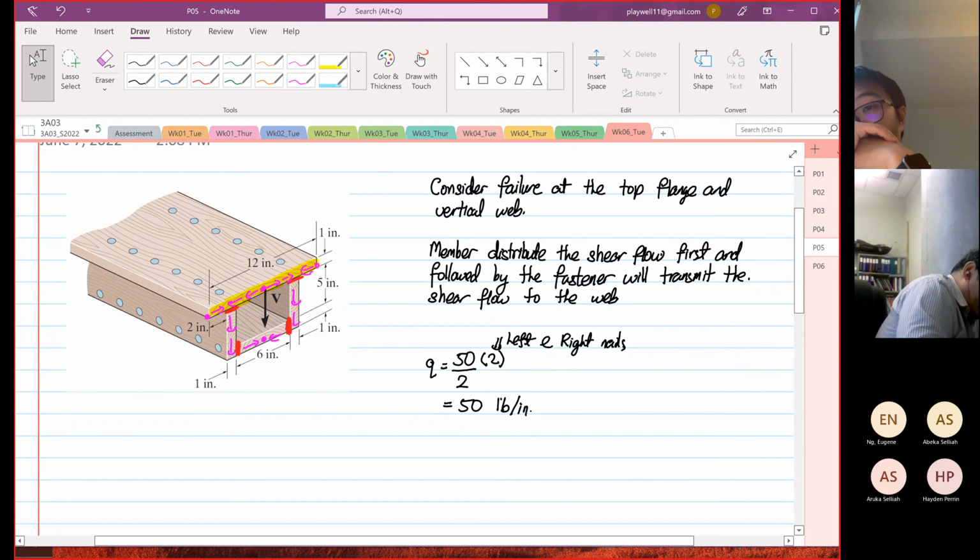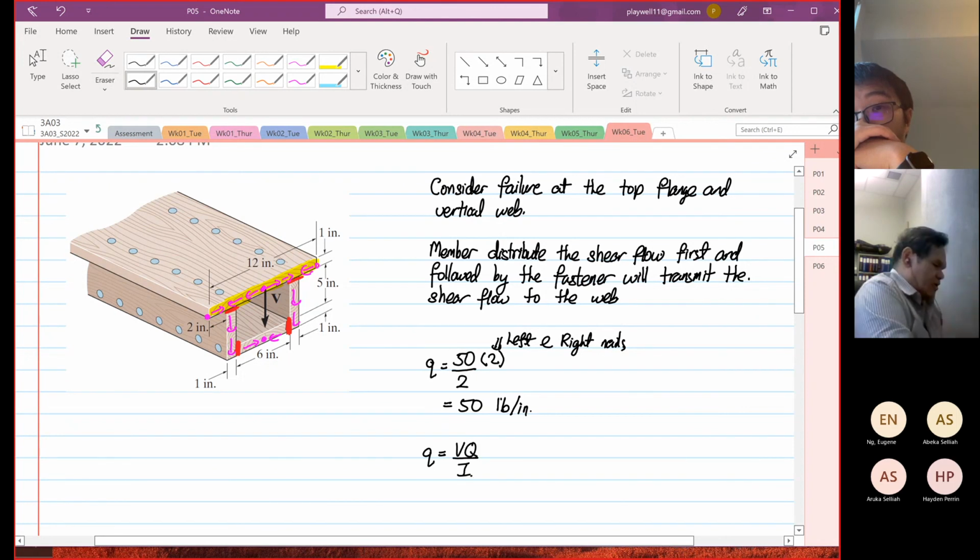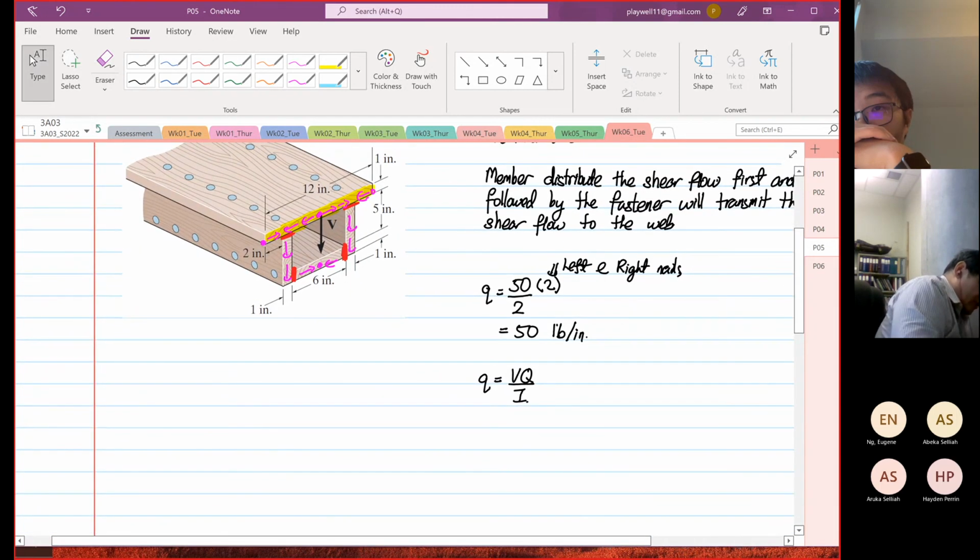So we know that the formula we're going to apply is q = VQ/I. V is what we are trying to find. Q we don't know. I we don't know. So we are going to quickly find the I. We're going to find the centroid very quickly, and then we're going to find the I. So we're going to determine our centroid first.